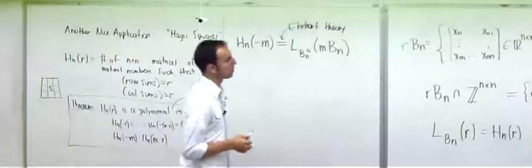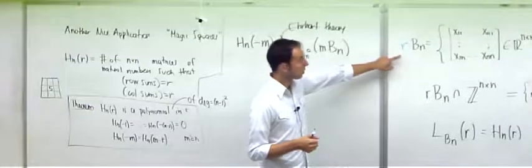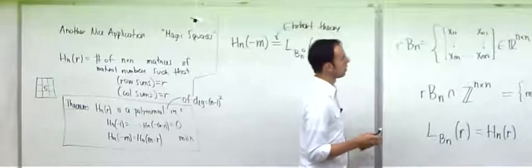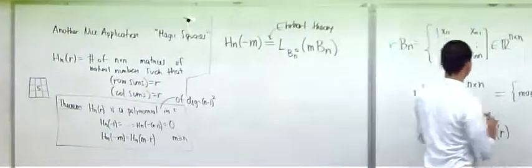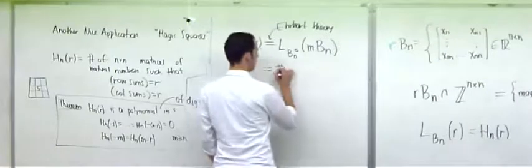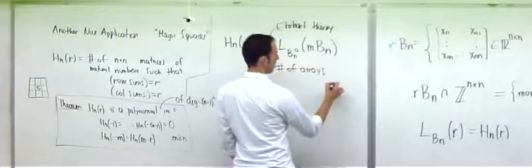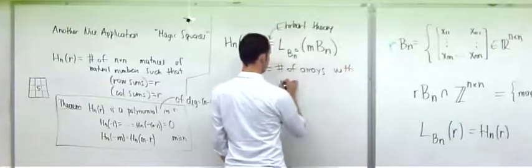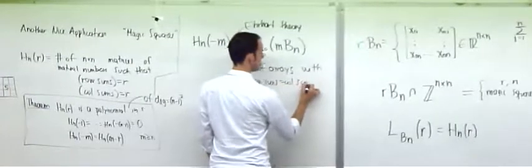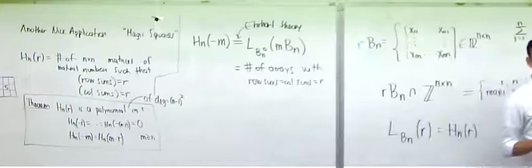Okay? But if you think about it, what are the interior lattice points here? They are the number of arrays with row sums and column sums equal to R. But the only thing is that now you have to be interior, so you're not allowed to be 0.